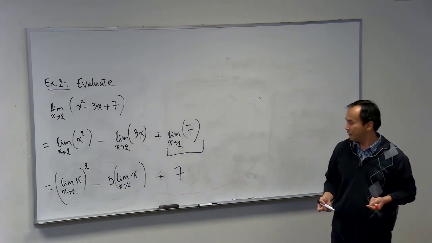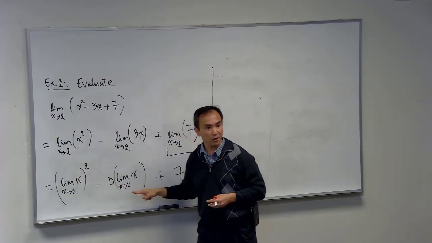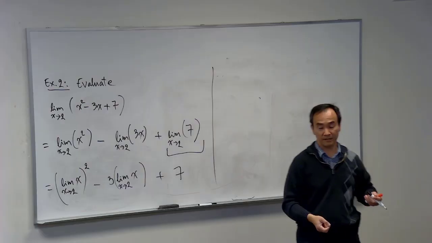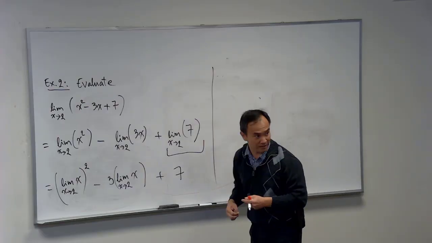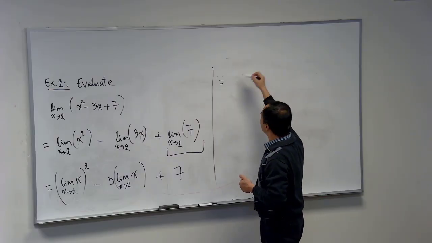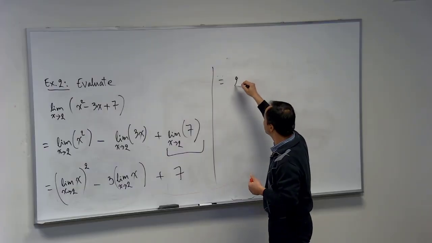And so now, in the next step, do we have a law that specifically handles the limit of this simple function x? It's that law right there, whatever I said on the board. So that's why now it comes out. That first term before the square, it's just going to be a 2.